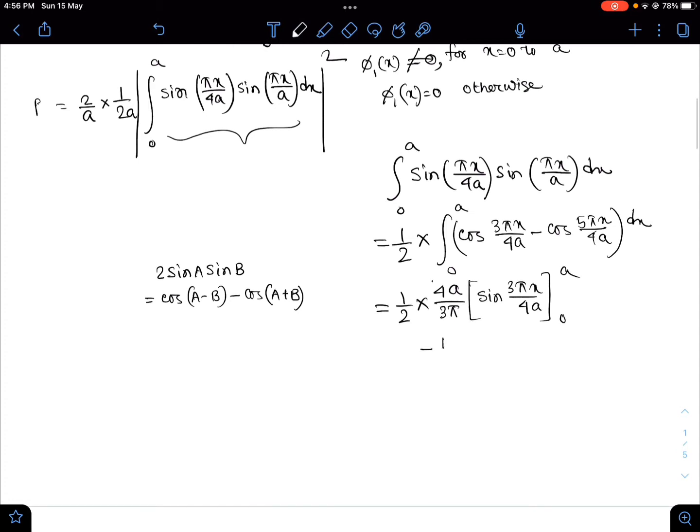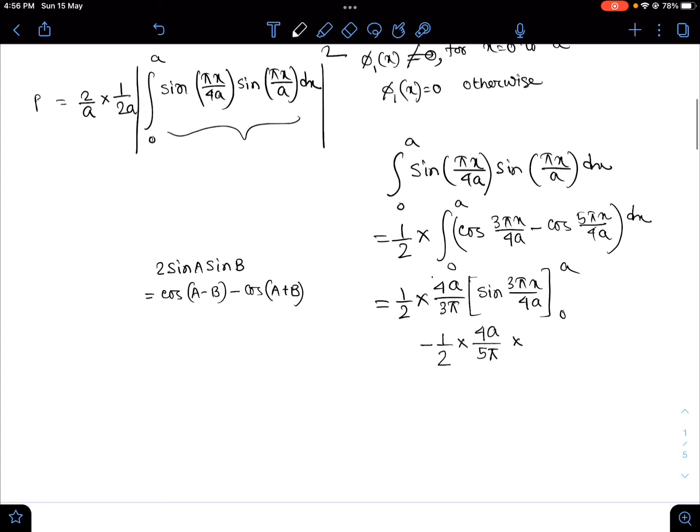In the second term we will have half by 5 pi into 4a, and this integration will give us sine 5 pi x by 4a, and this limit is also from 0 to a.